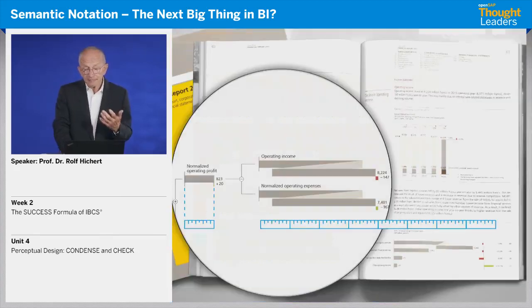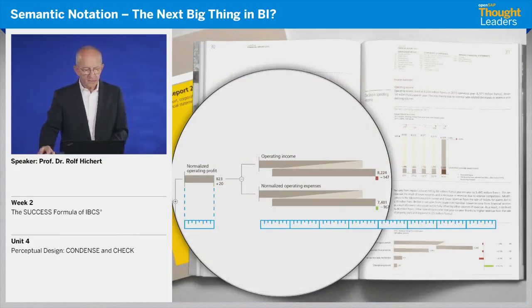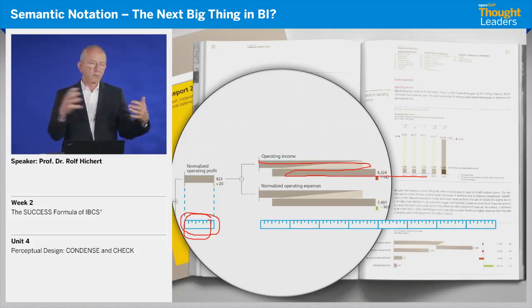So what does it mean now? When we look at charts, you see here on the left-hand side these 800 million of normalized operating profit were even shown in this way on the right-hand side, because the operating income was much bigger, and so they had to use this visualization to do it properly.